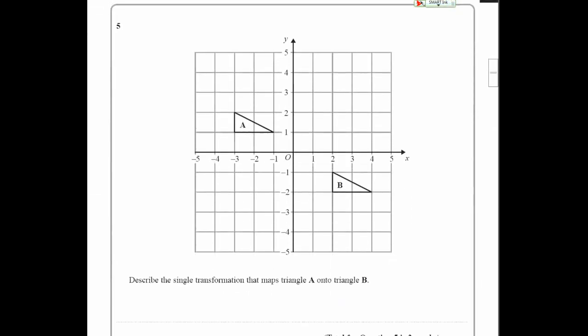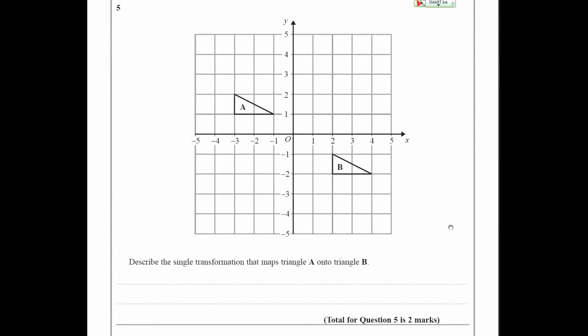Question 5. Describe the single transformation that takes A to B. What takes A to this shape? Now can you see that it's the exact same shape, not spun around or anything like that? So that is very important, that you can just move it. When you just move it, it's a translation.